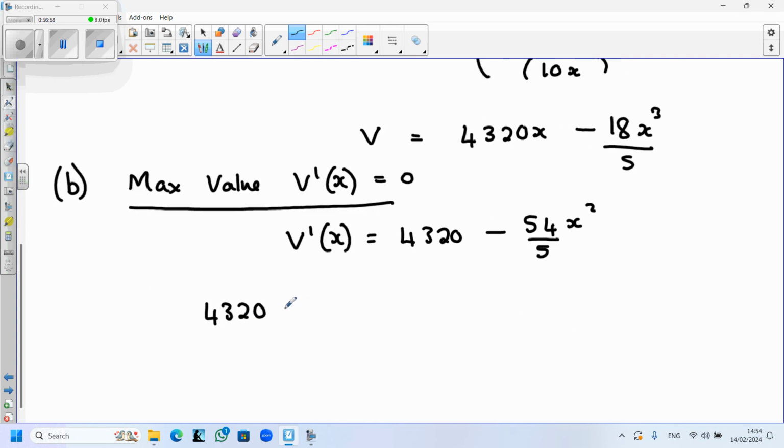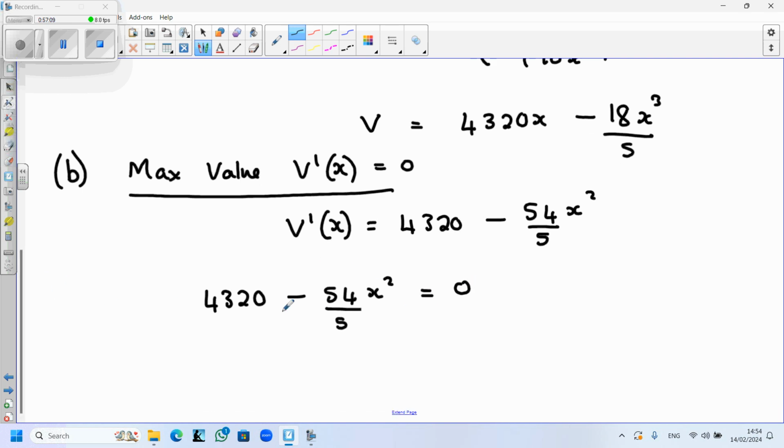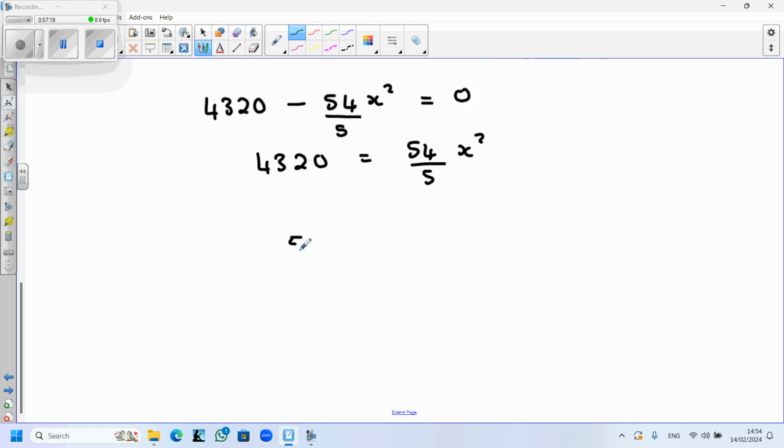So 4,320 minus 54 over 5 times x squared is equal to 0. So I'm going to add this term onto both sides. So 4,320 is equal to 54 over 5 x squared. Read it round the other way.